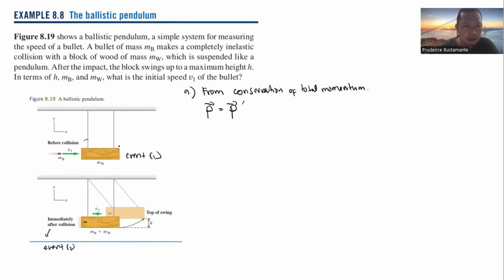So our event one is before the collision. Okay. So our momentum here, initial, before the collision, is the momentum of the bullet. Let's treat this one as a one-dimensional problem.